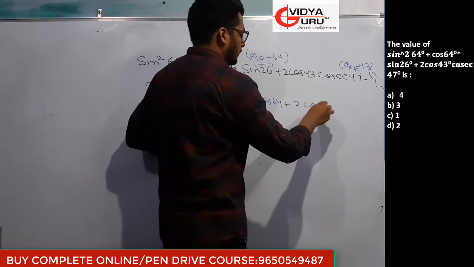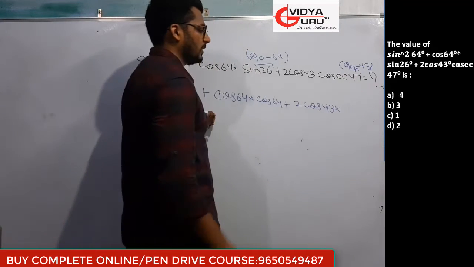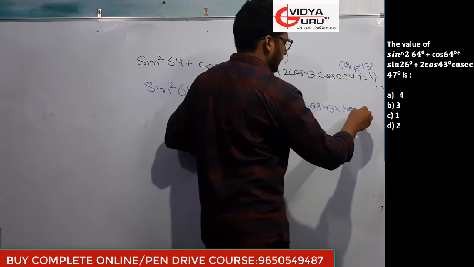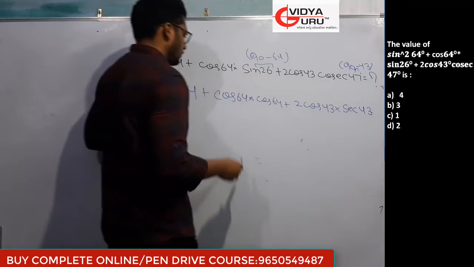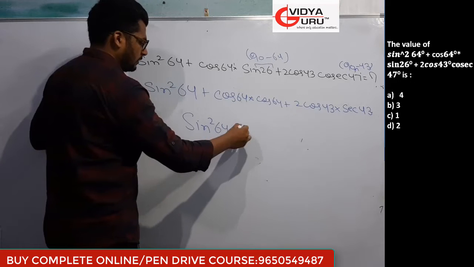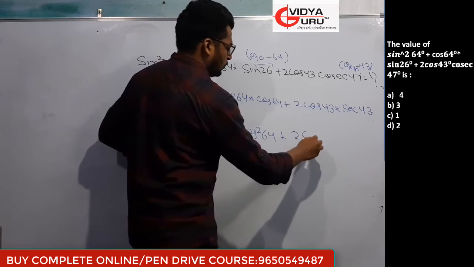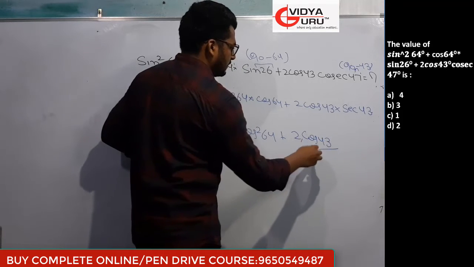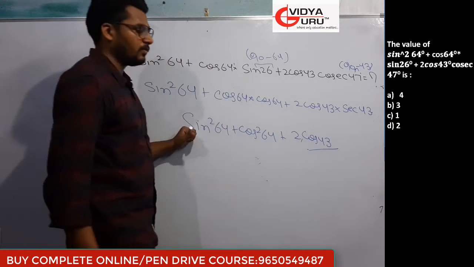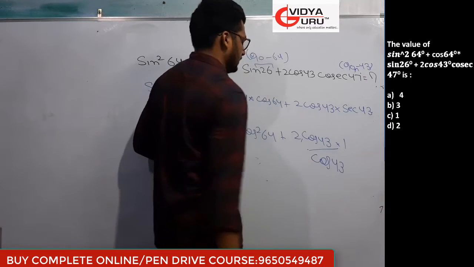Here it will come 2 cos 43, and again cosec (90 minus 43) will be sec 43. So this will form sine square 64 plus cos square 64 plus 2 cos 43 times sec 43. Sec is the reciprocal of cos, so it can be written as 1 by cos 43.